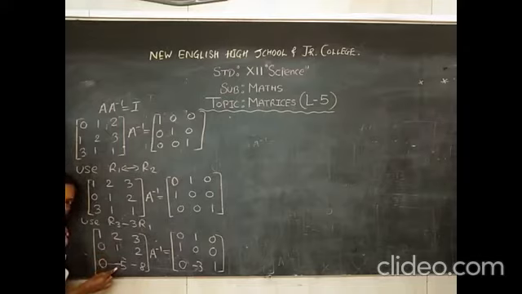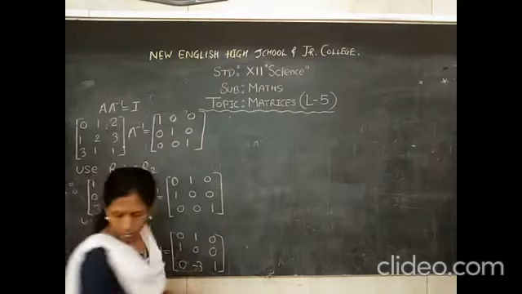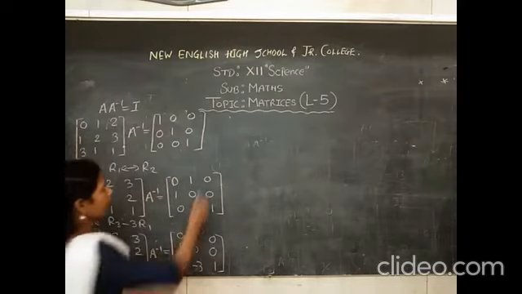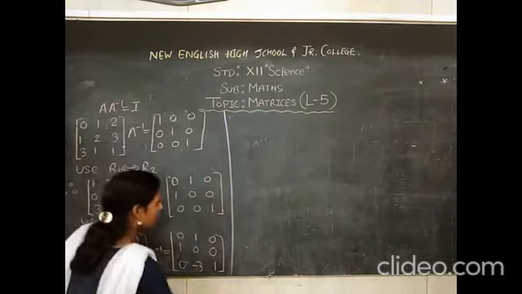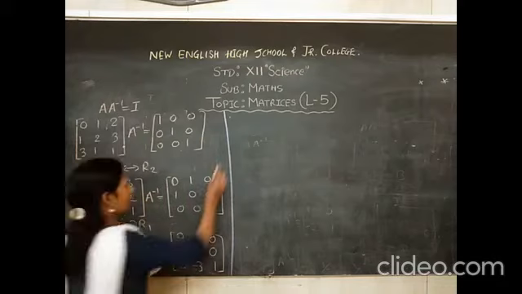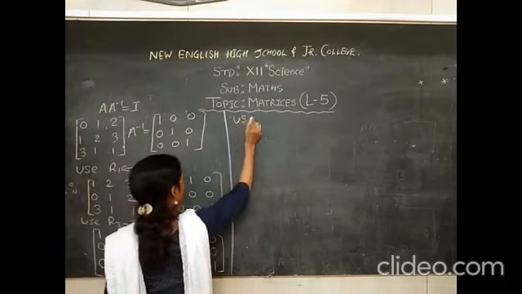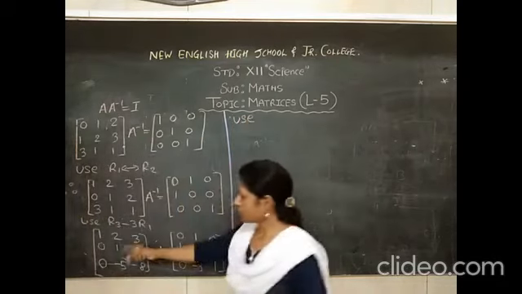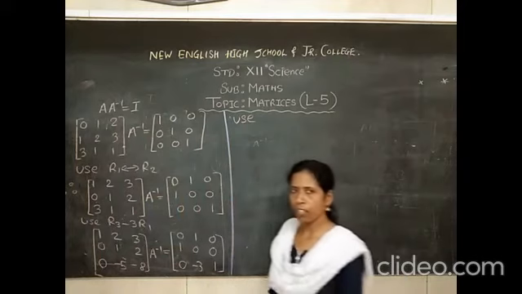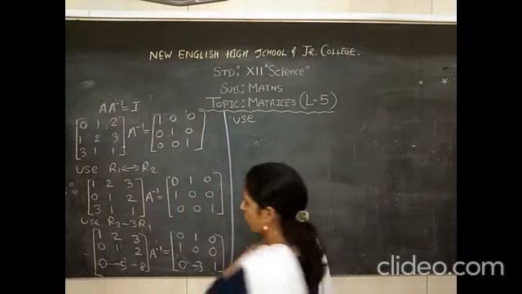Minus 5 plus 5 times 1, that is minus 5 plus 5, 0. Is it clear? Okay, let us do it. You can do both row transformations in same step.